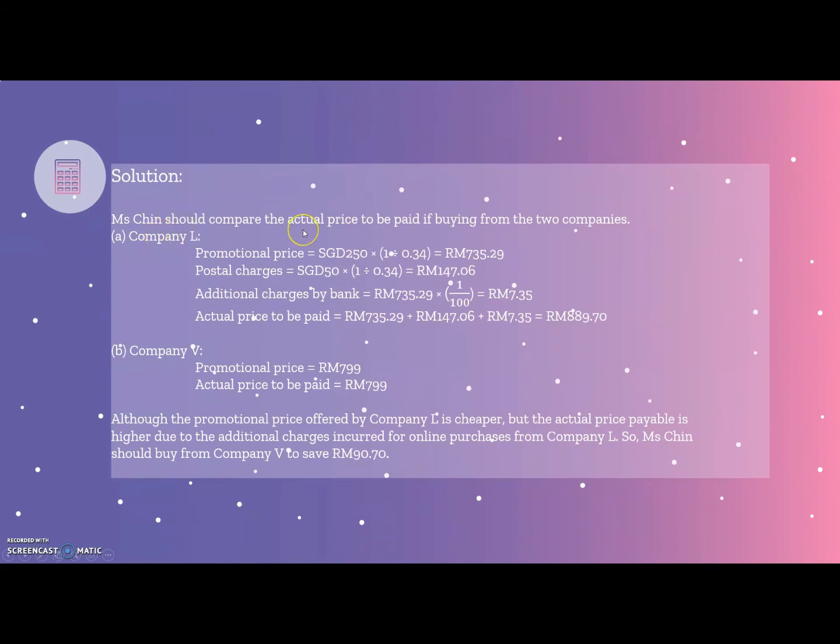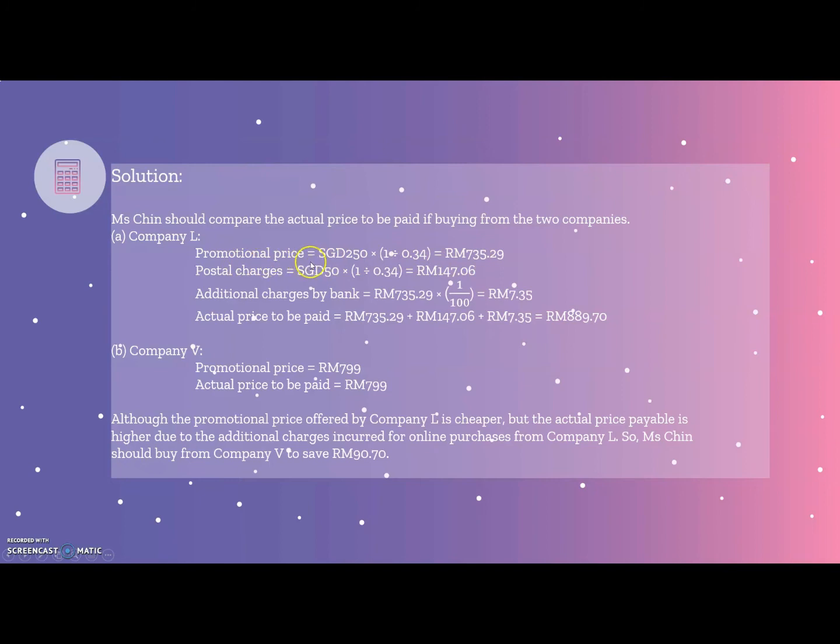We compare for Ms. Jean, Company L and Company B as I said before. The promotional price for Company L is SGD250 times (1 divided by 0.34 SGD) equals RM735.29.